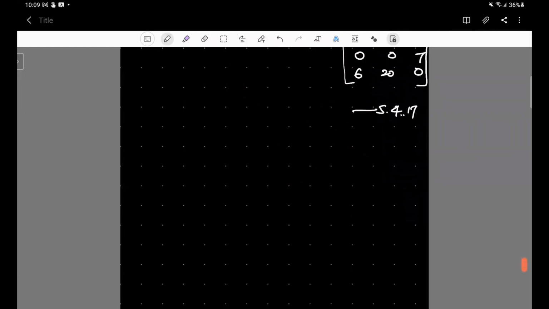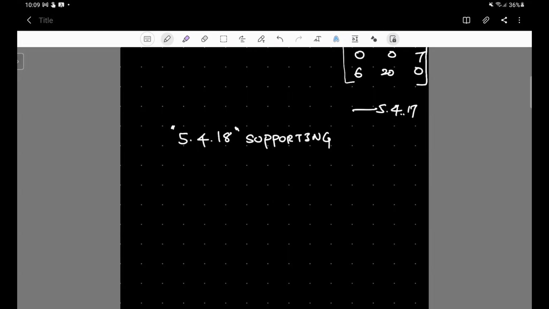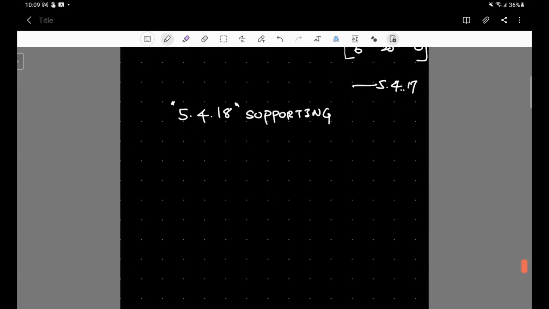And so if you do the proper multiplication, the equations, let's say 5.4.18 in the supporting material, I'm doing this to save some time, because otherwise we'll be writing large matrices. Since we have already gone through the important steps, I will not write down the supporting material.